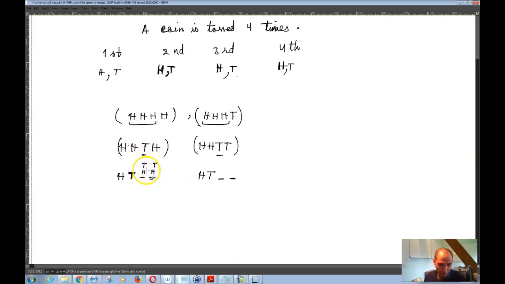So you see, you get basically two things over here. Based on this one, you would get, for example, HT, for example, TT, TH, TT, and then after that you get TH.